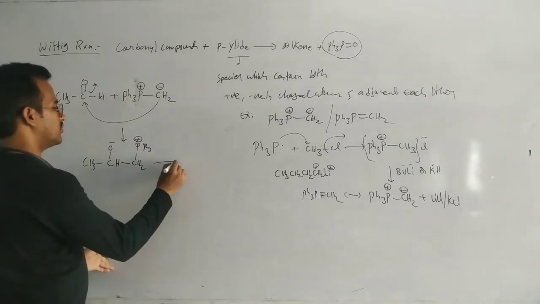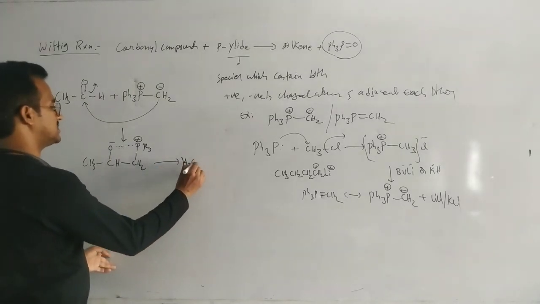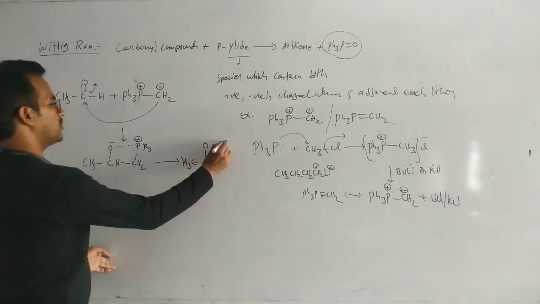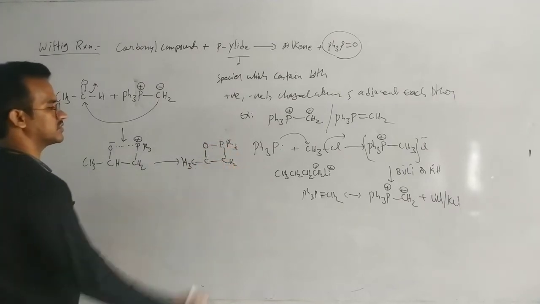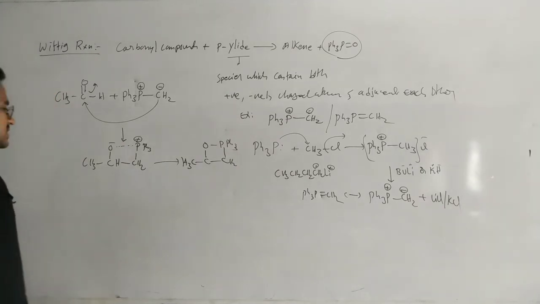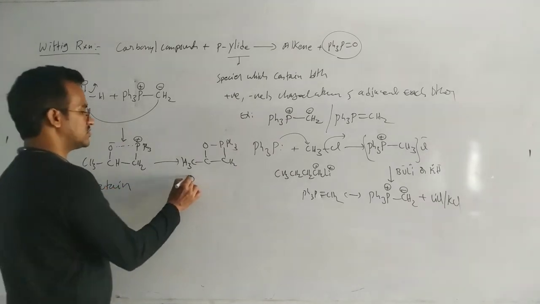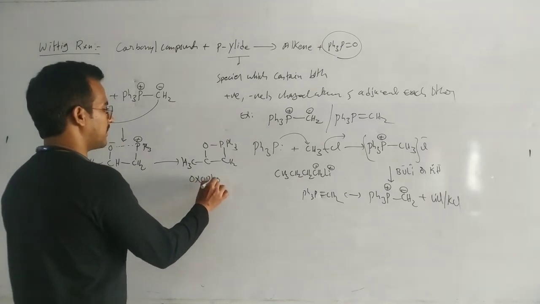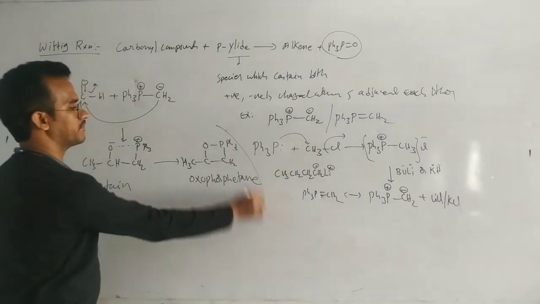Now this compound forms a cyclic product: CH3CO, P, PH3, and here CH2. This is known as a betaine, and this is known as an oxophosphetane.